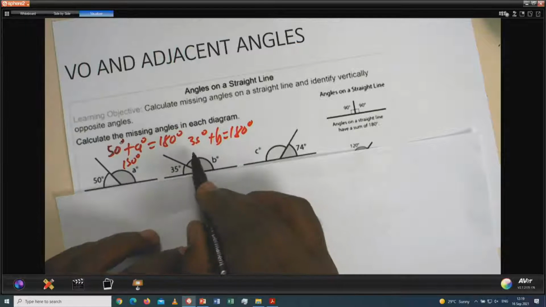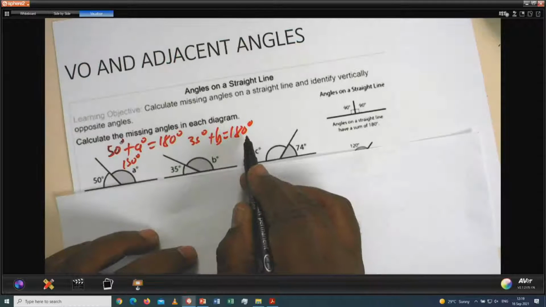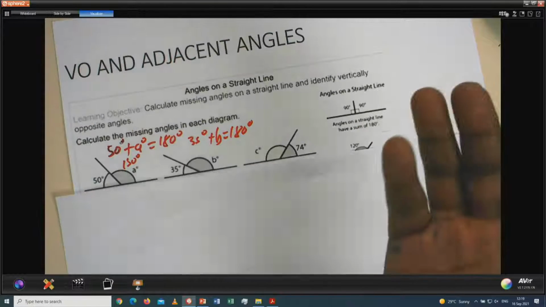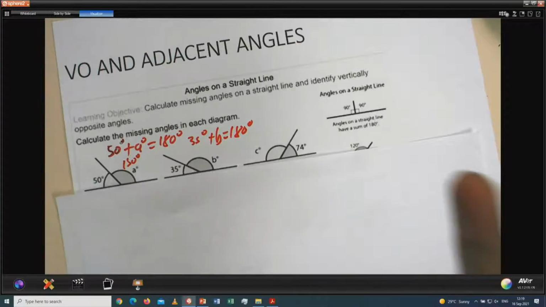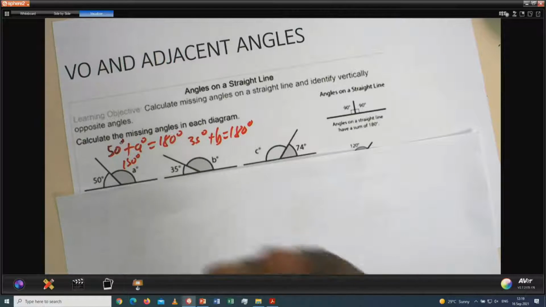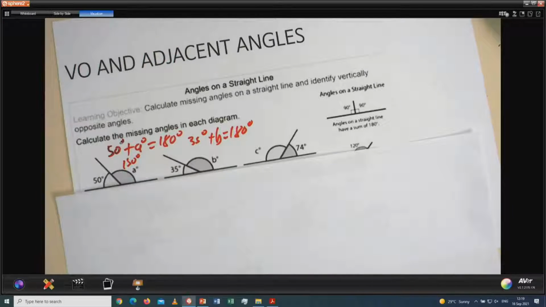Right, for the left side to be 180 as well. Our equations here are like balancing your scales. Your left side must be equal to the right side. They must be equal. Mathematically, they're called equations. Left equals the right.